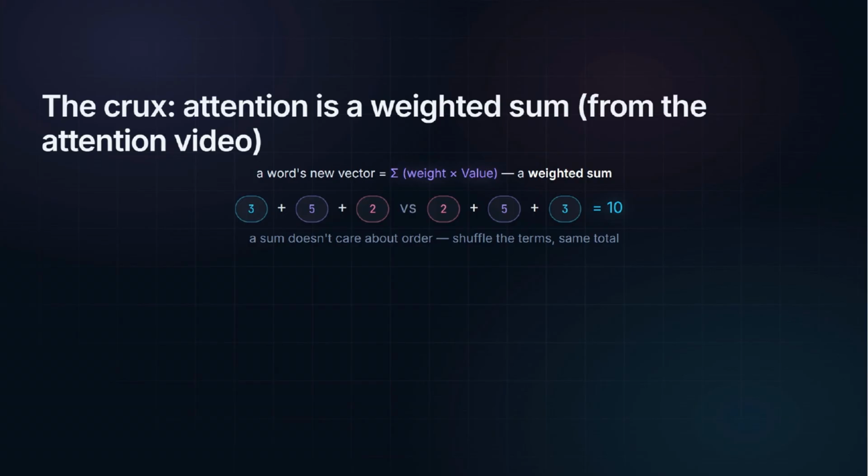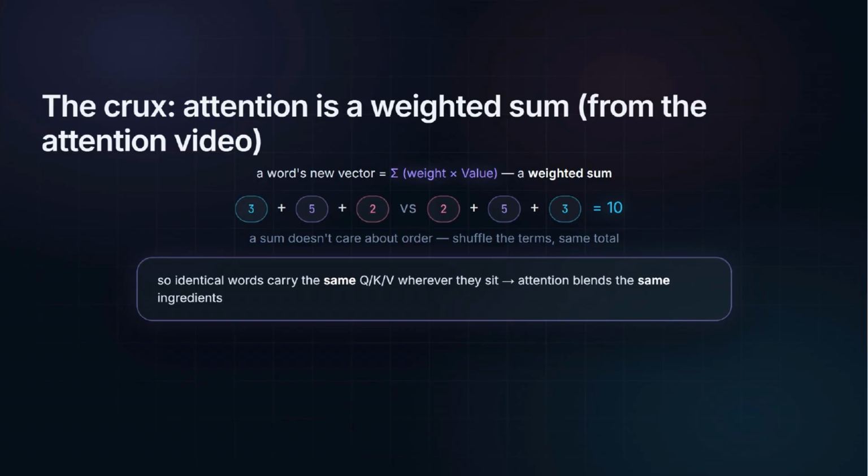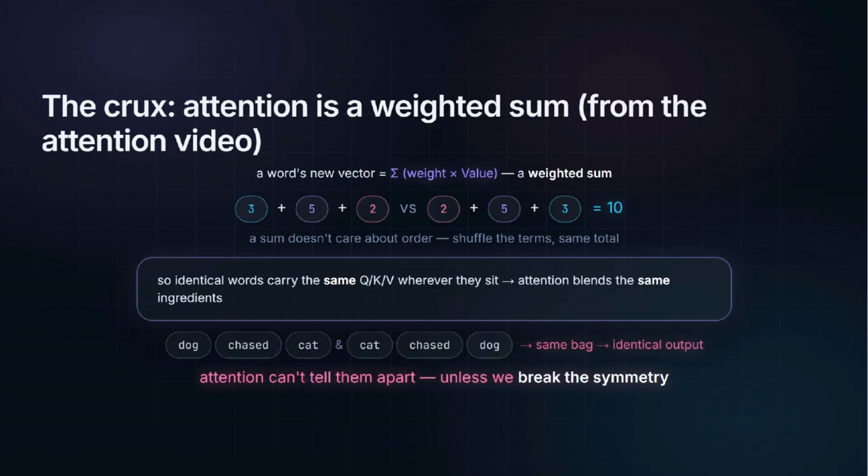Same total. So if dog and cat carry the same query, key, and value no matter where they sit, attention just blends the same ingredients in the same proportions, regardless of arrangement. Which means dog chased cat and cat chased dog look like the same bag of words, and attention produces an identical output for both. Attention on its own literally cannot tell those two sentences apart.